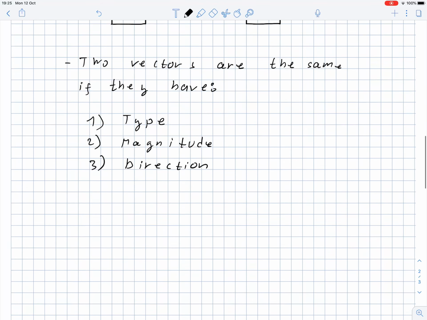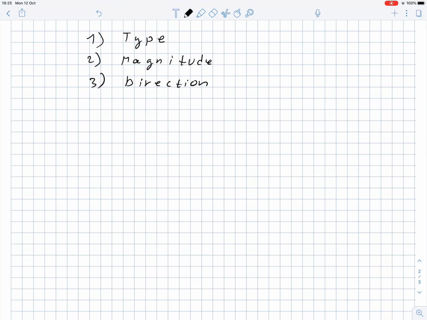For example, let's assume we have two force vectors, F1 and F2. As you can see, those two vectors have the same type, which is force.